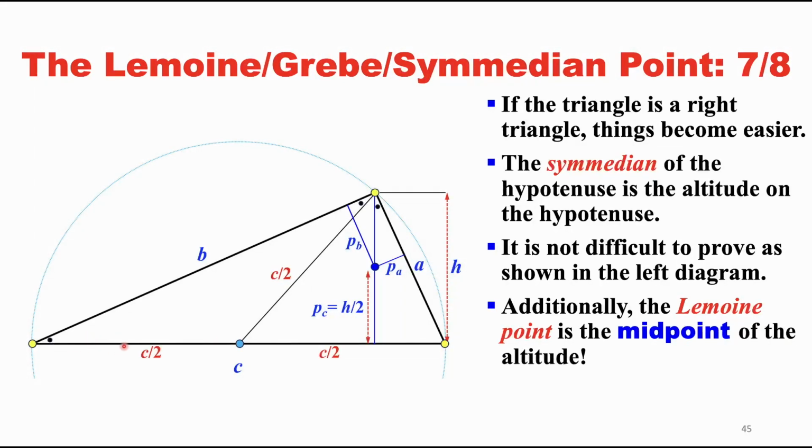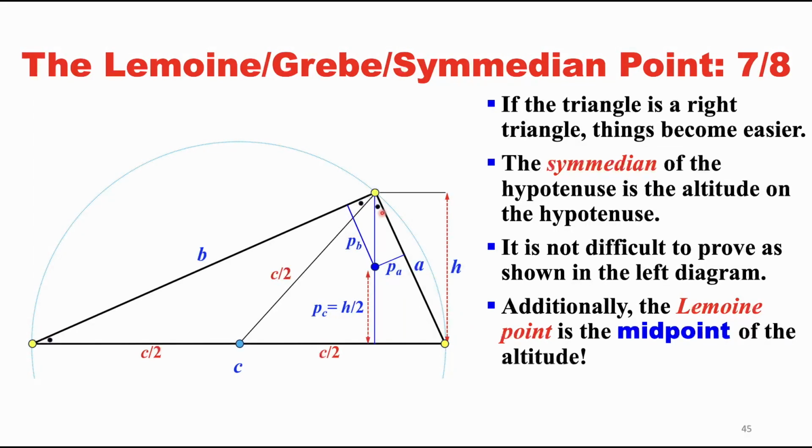So the distance from here to the other vertex and the distance here are all equal to c over 2. Because this side and this side are equal, this angle and this angle are equal. And this angle is equal to this angle by similar triangles.